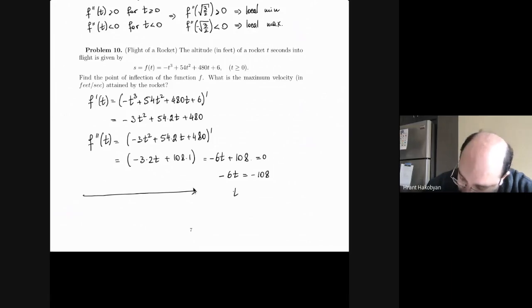So t is equal to negative 108 divided by negative 6, right? If you calculate, that's going to be 18.